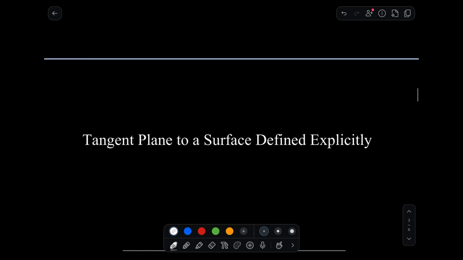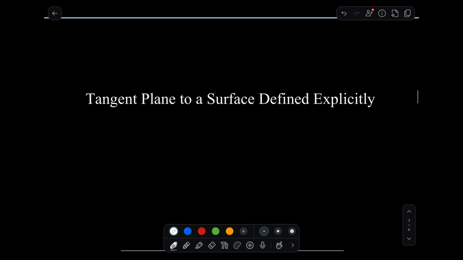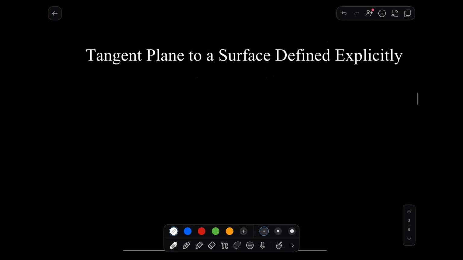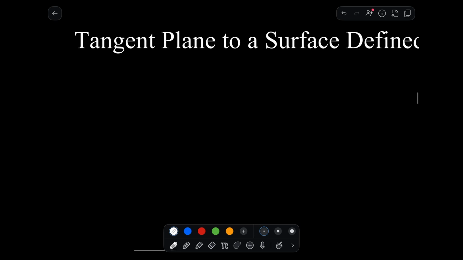Perfect. Now we're going to go on to tangent planes of a surface defined explicitly. So far, what we've been working with have been implicitly defined curves, where you have it in terms of x, y, and z, but now we have it in terms of x and y. Now we're going back to our old definition, where in math, when we say something's defined explicitly in 2D, we have y equals something like mx plus b.